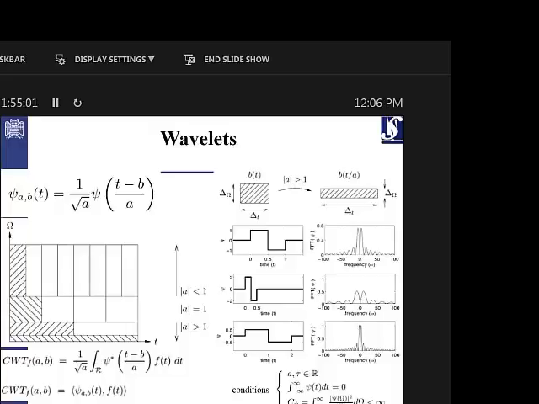And it turns out that in order to reconstruct the signal, you have a quantity called C of psi for the mother wavelet, which has this kind of equation. This should be limited. And just by looking at this, it turns out that the mother wavelets should be band pass filters and not low pass filters.